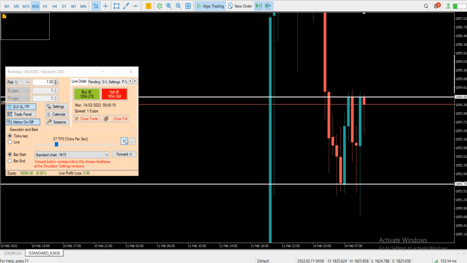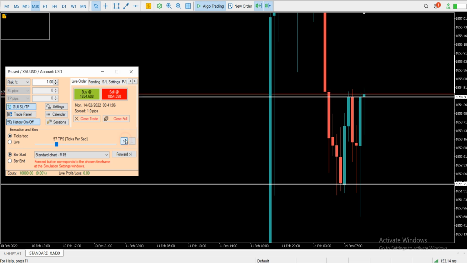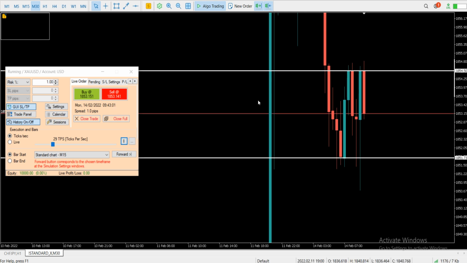Okay, stop. Slow it down a little bit. We have 4 minutes left in the M15 candle to close. Three minutes left, and we are pushing down.